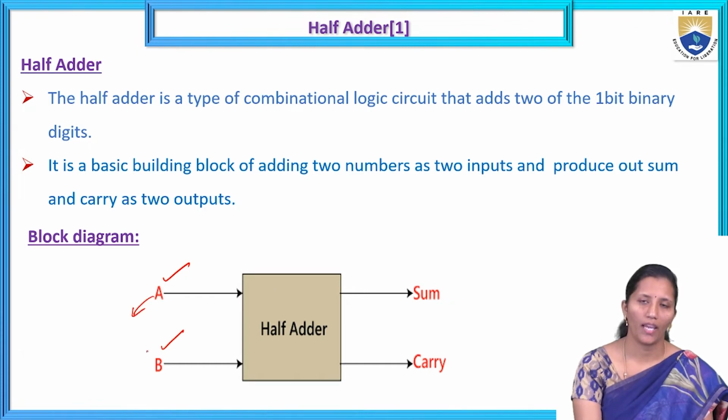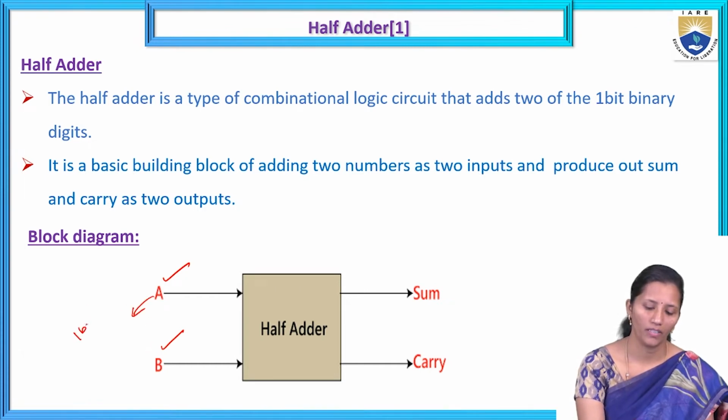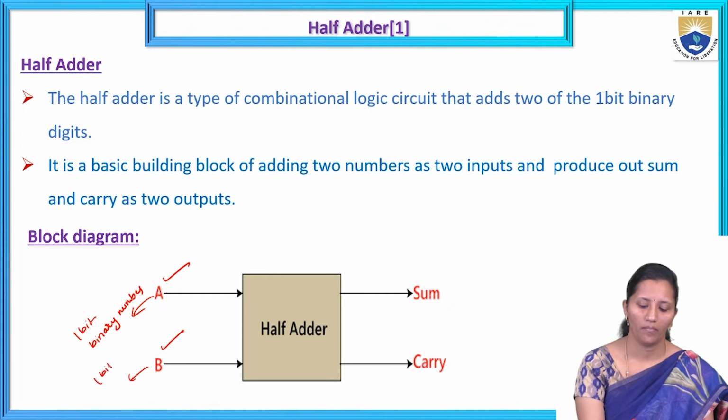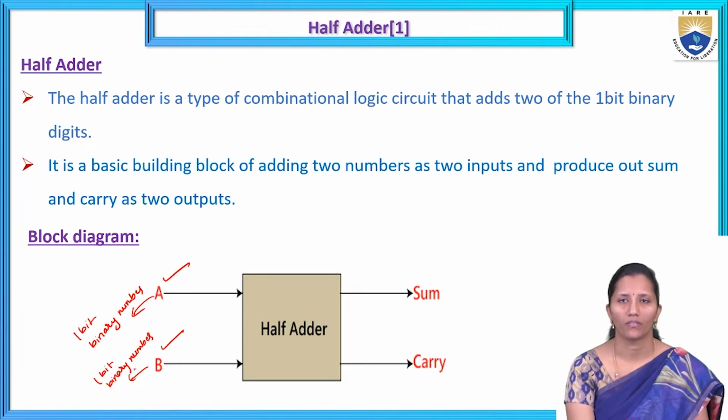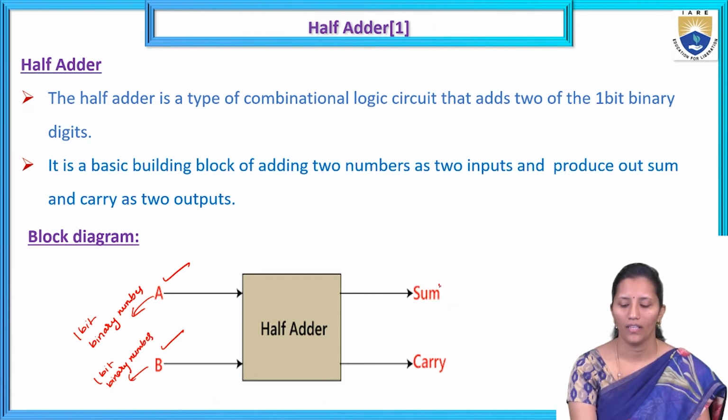Each of A and B represents a one bit binary number, either 0 or 1. The outputs of the half adder are sum and carry.